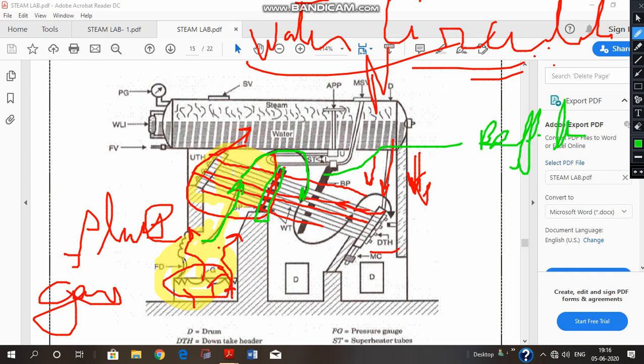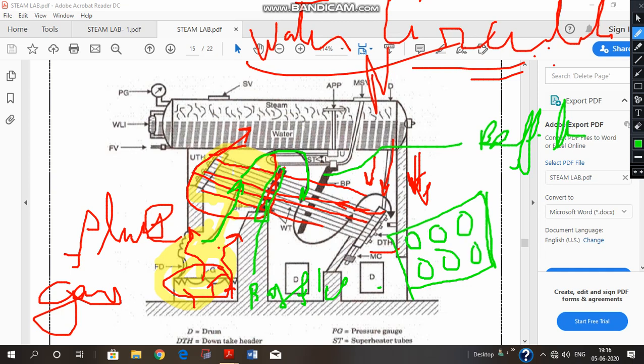The path of the flue gases is deflected by the baffles. This black one is also a baffle, and a baffle is a metallic sheet having a number of holes, and the water tubes pass through these holes.